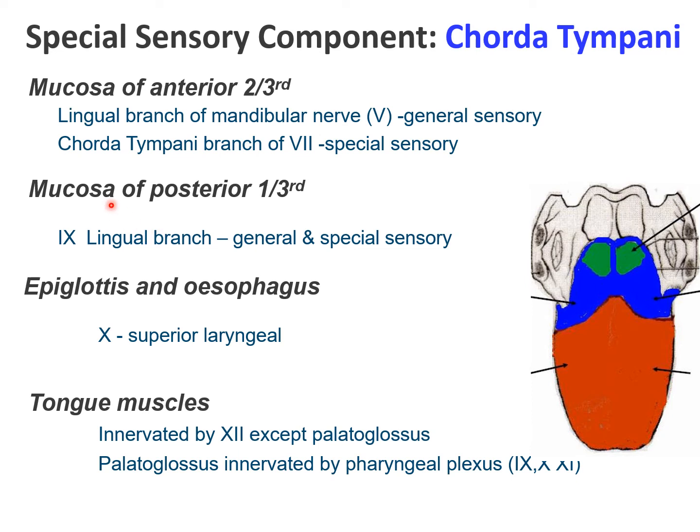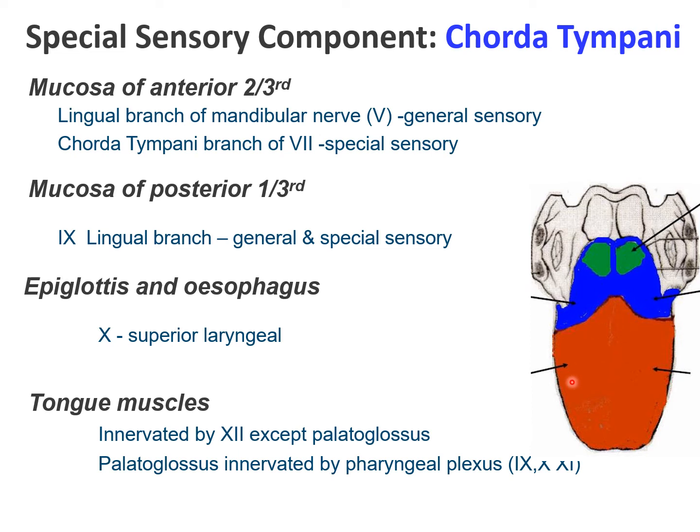So the nervus intermedius carries gustatory fibers from the nucleus tractus solitarius in the brainstem, and these fibers then enter the chorda tympani branch of the facial, which then joins the lingual of the mandibular division of the trigeminal to provide gustatory innervation to taste buds in the anterior two-thirds of the tongue.